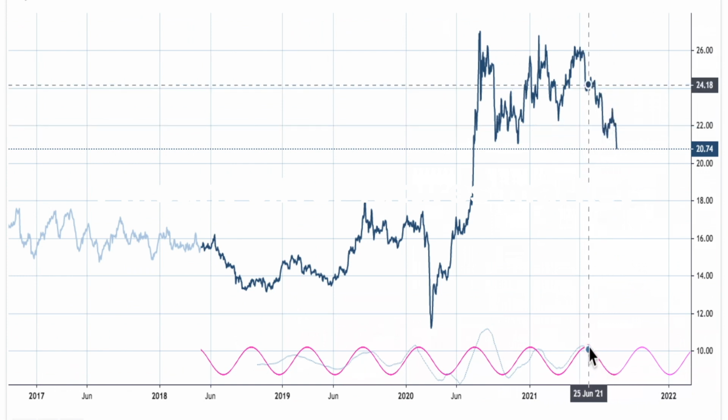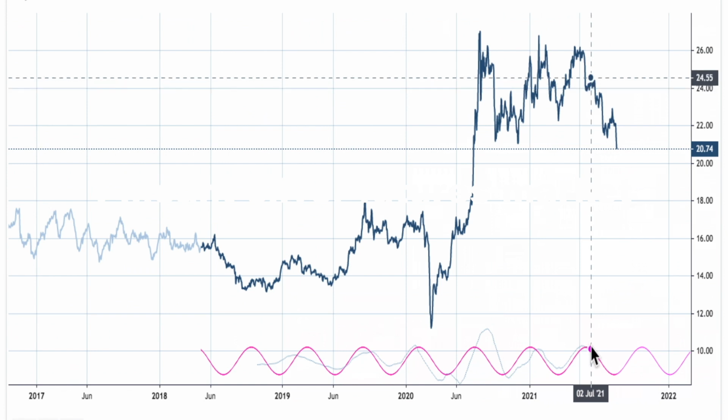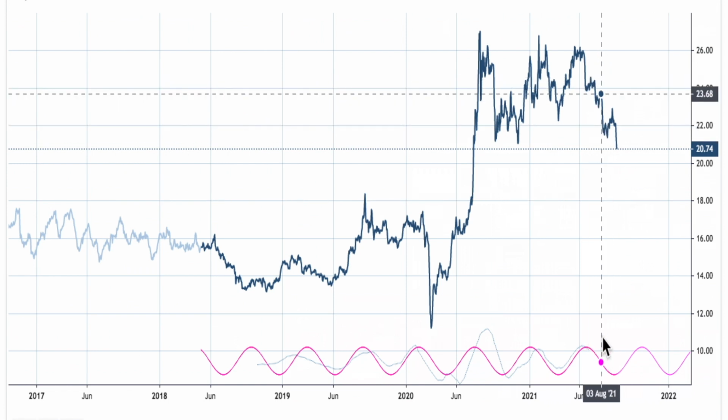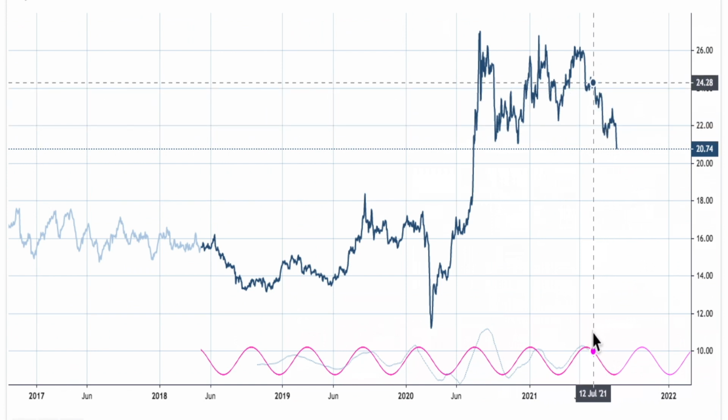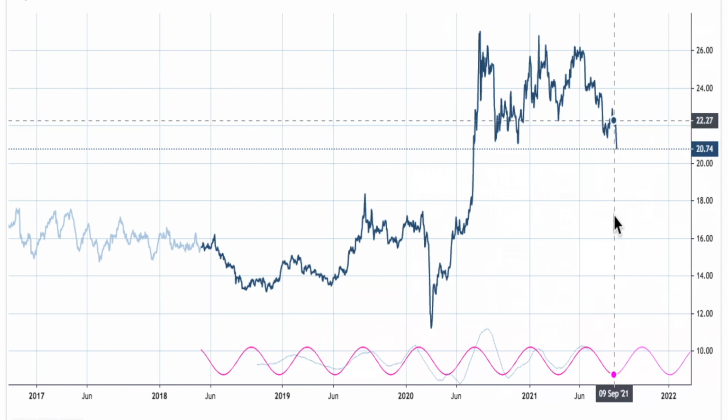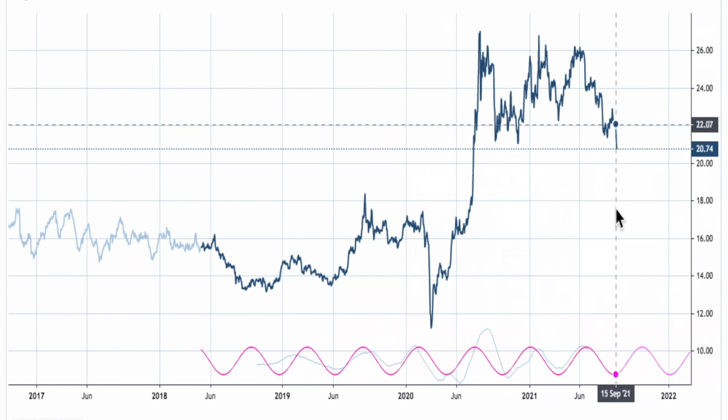On the silver, it was just finishing a top. I mean, if you look at the video, I probably should have pointed that out. But the SLV is bottoming out on the dominant cycle, which is like 114.